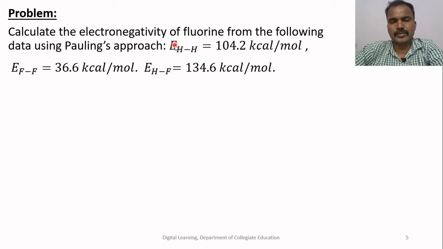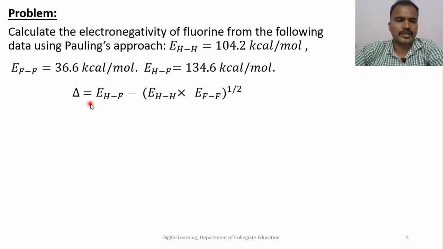The bond dissociation energy of HH is 104.2 kilocalories per mole, the bond dissociation energy of FF is 36.6 kilocalories per mole, and the bond dissociation energy of HF is 134.6 kilocalories per mole.